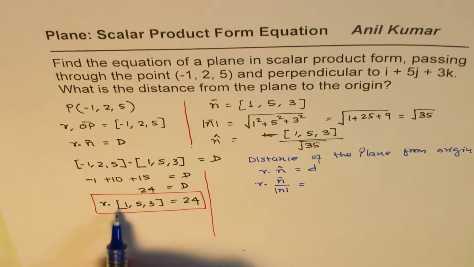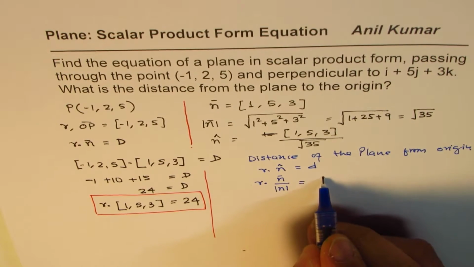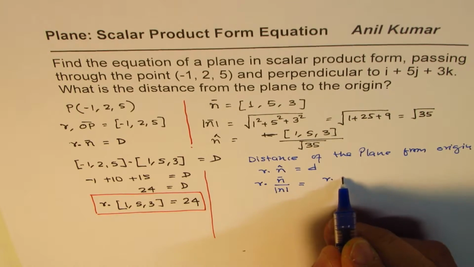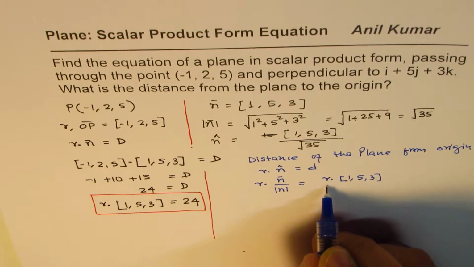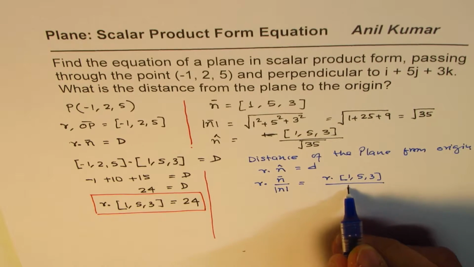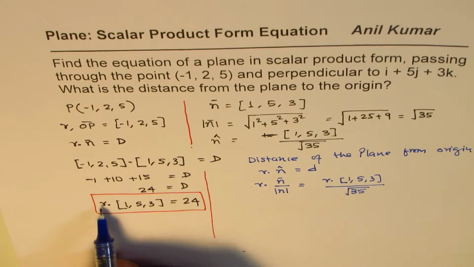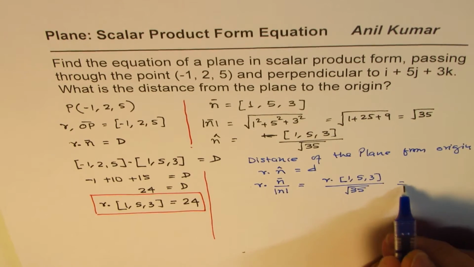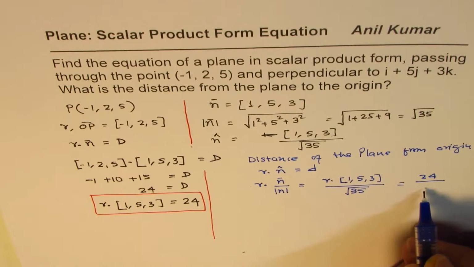So that is to say, we have r dot n already written, which is r dot (1, 5, 3) divided by the magnitude, which is square root of 35. Now we know the numerator is 24. So we could write this as 24 divided by square root of 35. You get an idea, right?